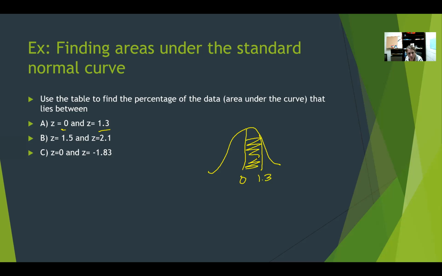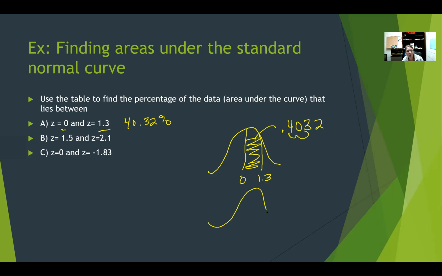So I'm going to look on my z-score sheet for 1.3, and that number is 0.4032. So that means that from here to here would be 0.4032. And so how much percent would that be? 40.32%.